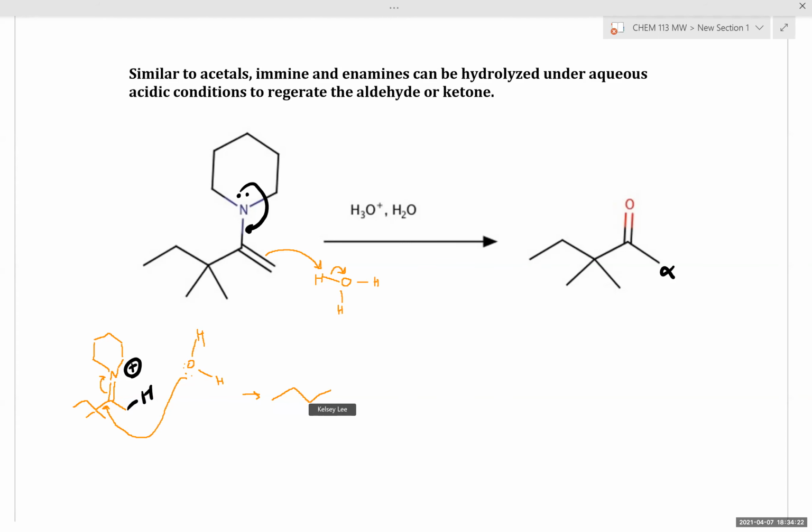So the iminium is super reactive as an electrophile. Water, even though it's not the best nucleophile, will definitely attack your iminium ion carbon.